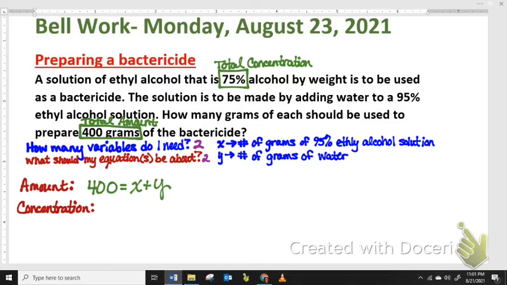Now we're going to talk about the concentration. What do I want the concentration of my final product to be? 75%. 75% of what should be made up of this ethyl alcohol? 400. Of the 400. So I'm going to do 0.75 times 400.